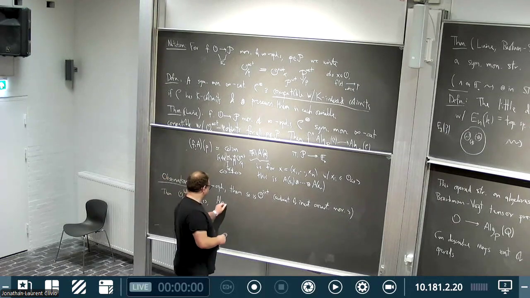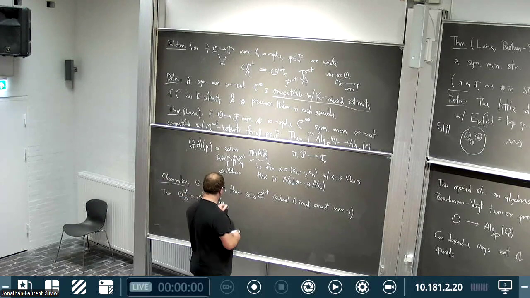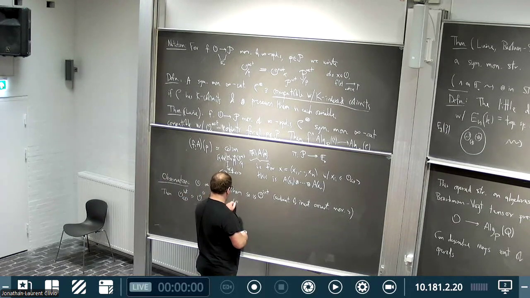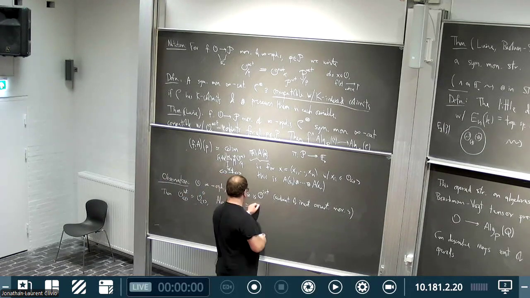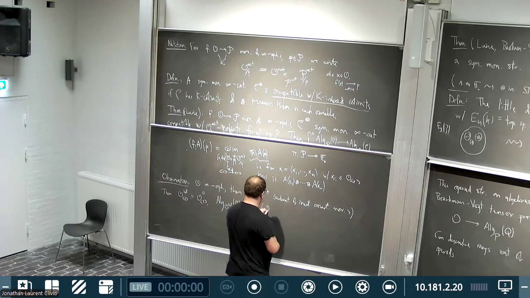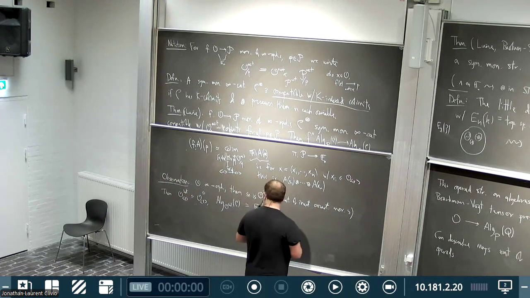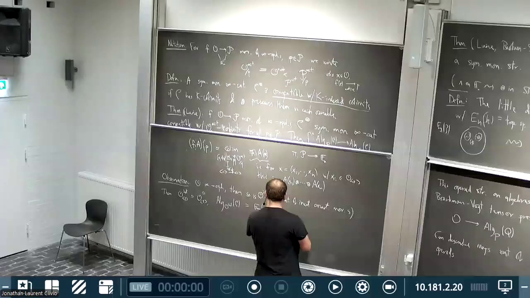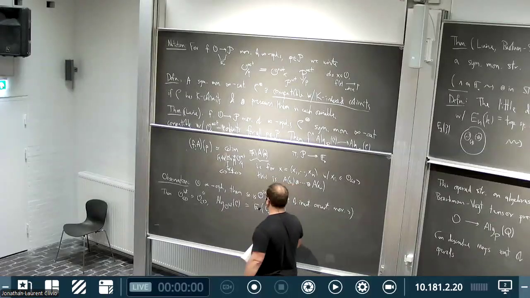So algebras in some C for O inert, you can show, are equivalent to functors from O_1 to C.